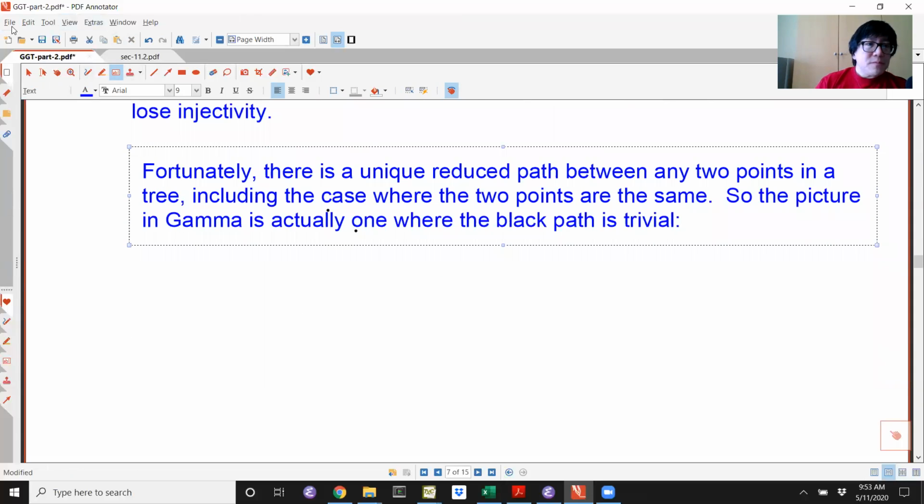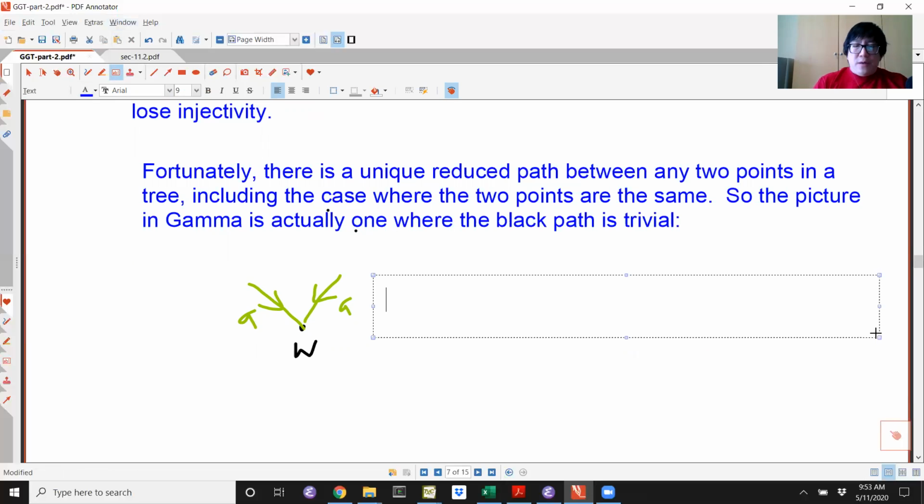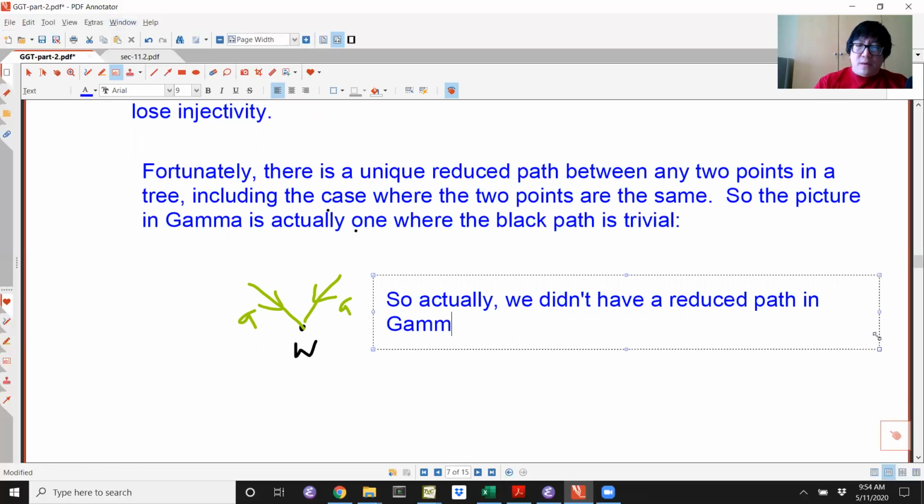So what in actuality we have is just the vertex W, and then our path back in gamma went like this. So the secret about this picture is that we didn't have a reduced path in gamma, contradiction.